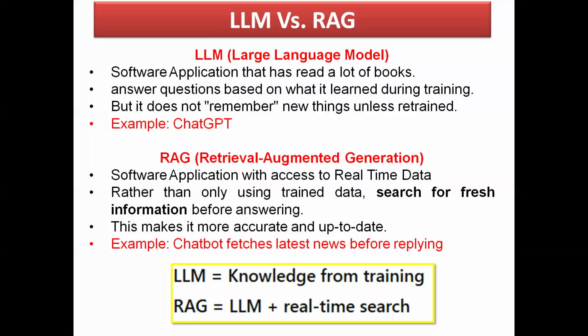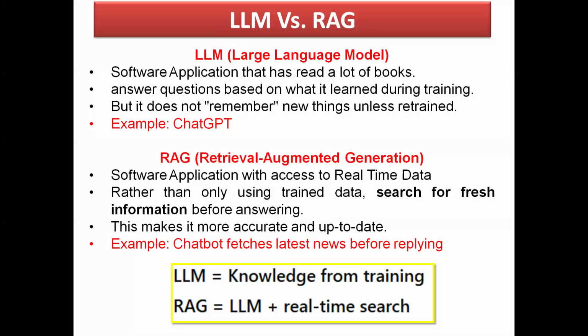If that particular data is not available in the large language model, then it will extract real time data from different portals, different websites, different news portals. That is known as RAG, retrieval augmented generation. And whatever information it extracts, it will augment.